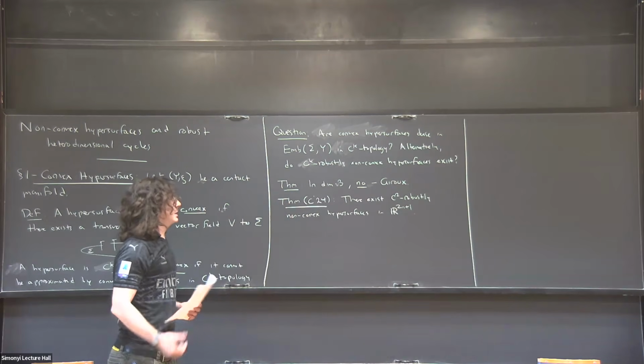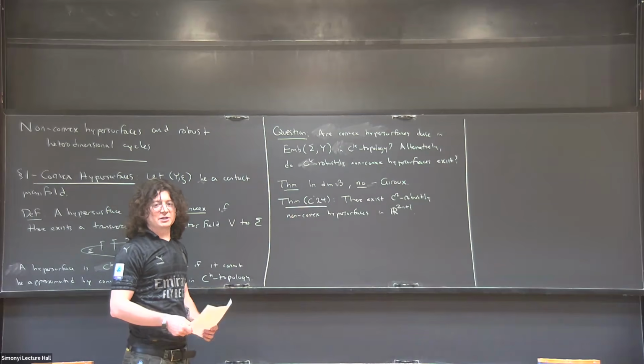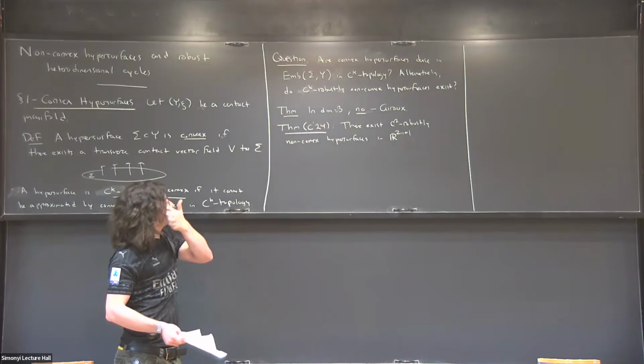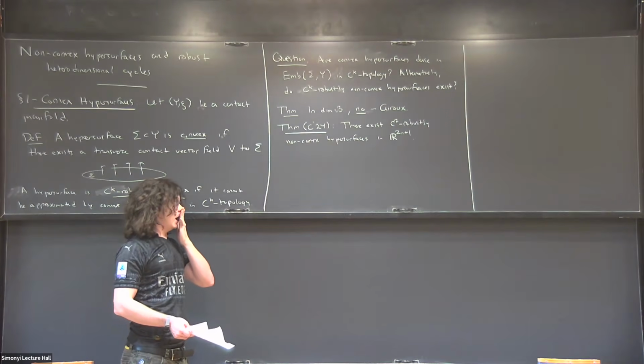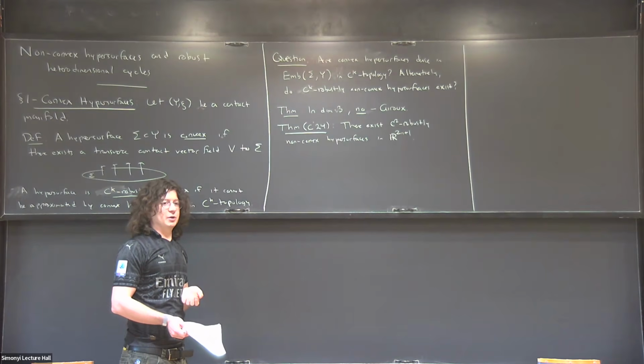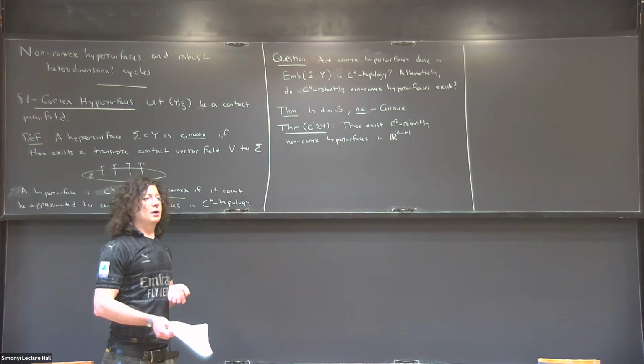So this basically gave the first example of this kind of phenomenon of having something that cannot be convexly approximated. Another way to say this would be that convex hypersurfaces fail to be dense in the C2 topology. They're not, in general.